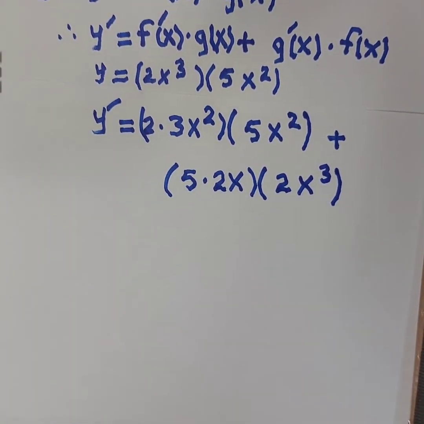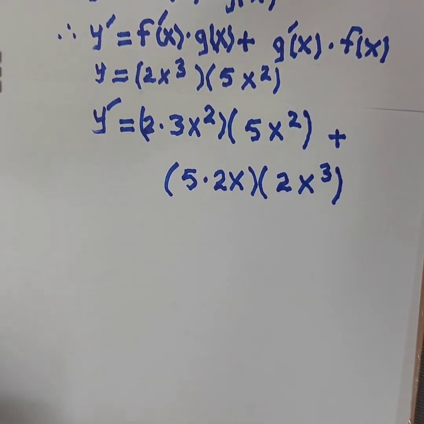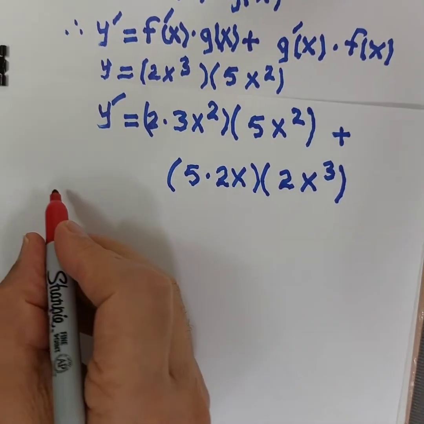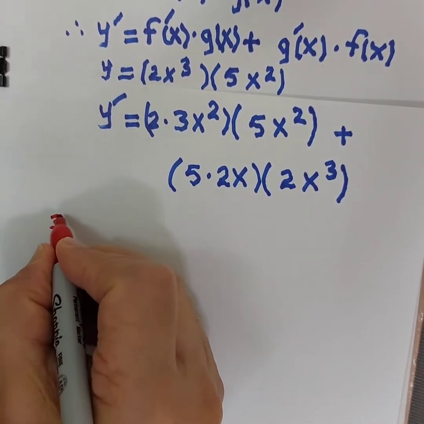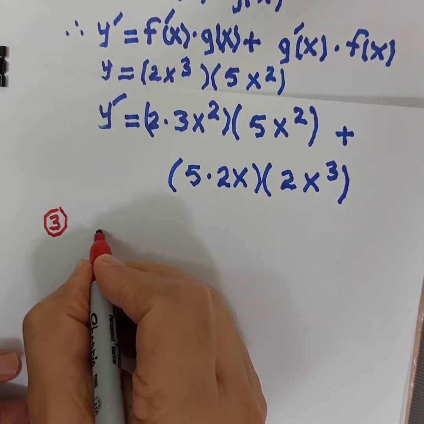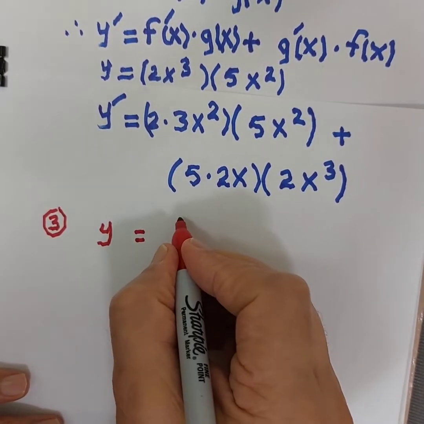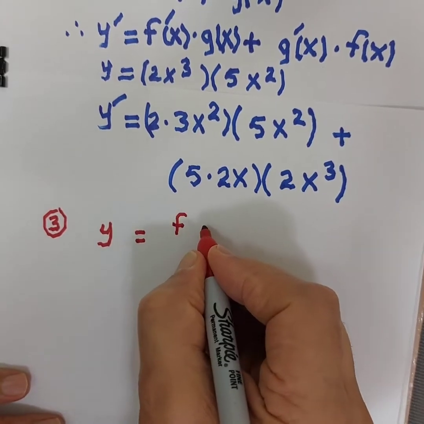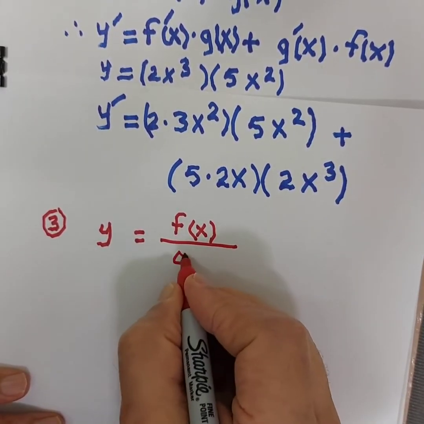Let us go to the third rule here. I will write it in another color. The third rule, when there is division, when there's a function resulting from dividing two functions together, like y is equal to f x divided by g x.